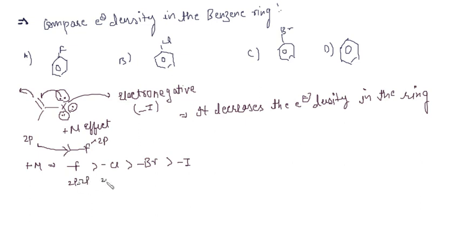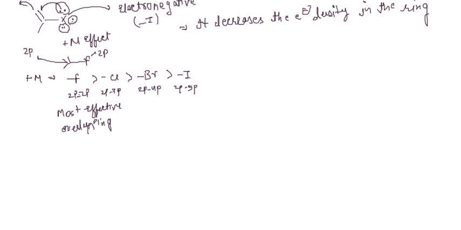Here it is 2p-3p bonding, here 2p-4p bonding, and here 2p-5p bonding. So this is the most effective overlapping when there is resonance. So the plus M effect of fluorine is greater than chlorine, bromine and iodine.